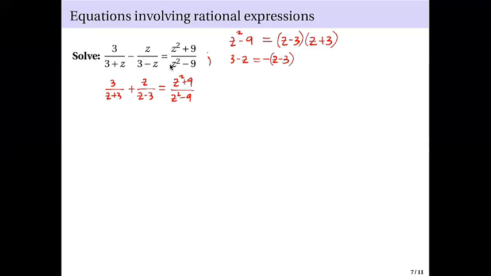Okay? And notice you have the z plus 3, z minus 3, and then you have your z squared minus 9. The LCD here is z squared minus 9, or let us write it in factored form, (z minus 3)(z plus 3).